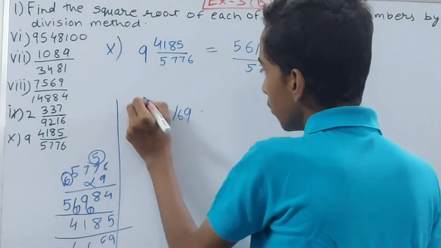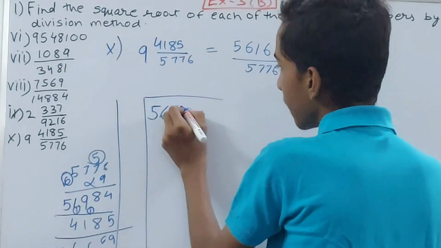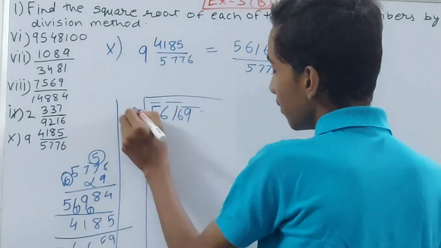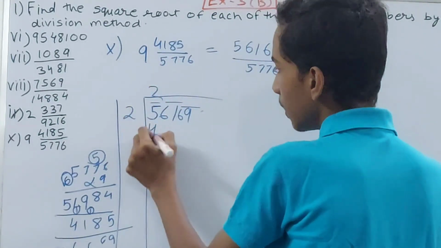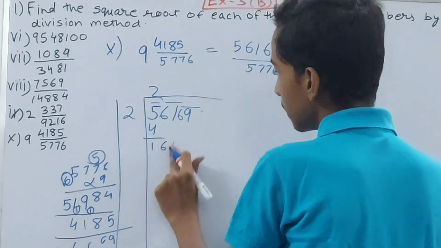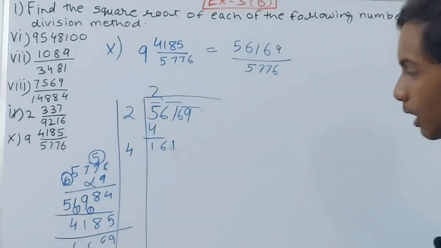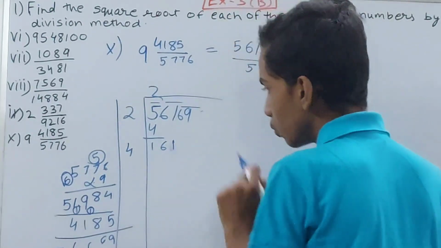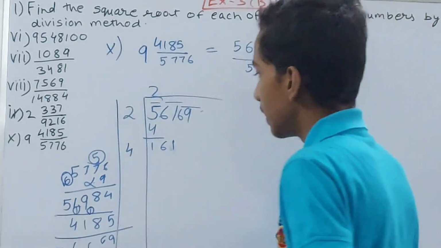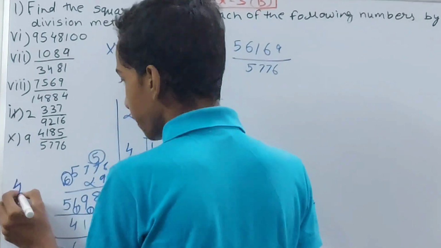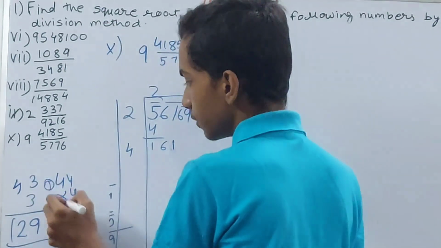56,169 will become what? See, pair this pair and this 5. So let's go 2, 2 is 4, 161 here. Now bring down 4 because it is double of 2. Now 4 and 161, right? So let us see, let's try this 5 and 1, 4 into 4 is 16, and 1, 76.